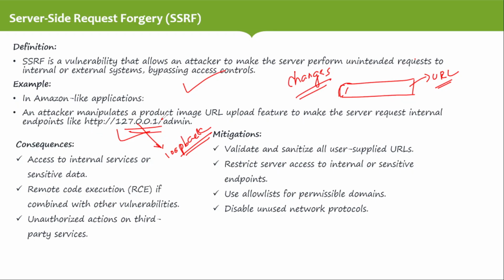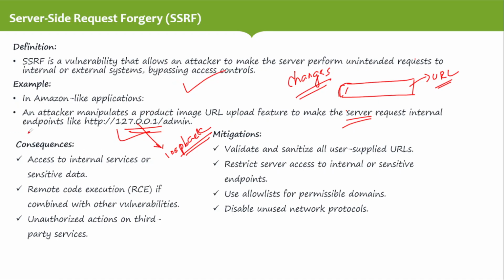This is how they try to log in to the server. You are sending a request to the server with this URL and trying to find server access. That is known as Server-Side Request Forgery.